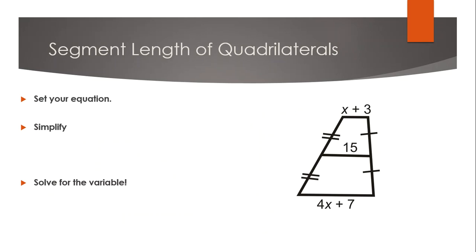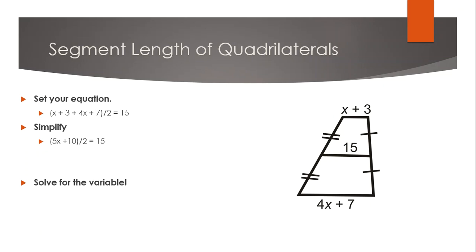Looking at a practical sense where we have variables, again, we're going to set our equation. In this case, we say that x plus 3 plus 4x plus 7, divided by 2, equals 15, because we know what the mid-segment is, but we're trying to solve for the variable x. Simplifying that, we combine like terms.